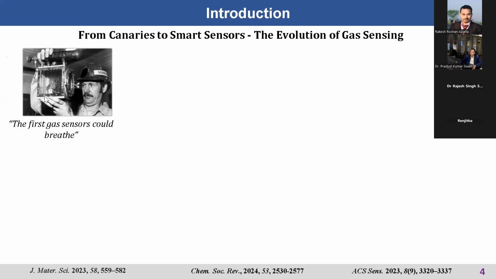How do they find out? They used to carry birds called canaries, which are singing birds. As the oxygen level reduces, the singing of these birds will reduce. This is the birth of gas sensors.